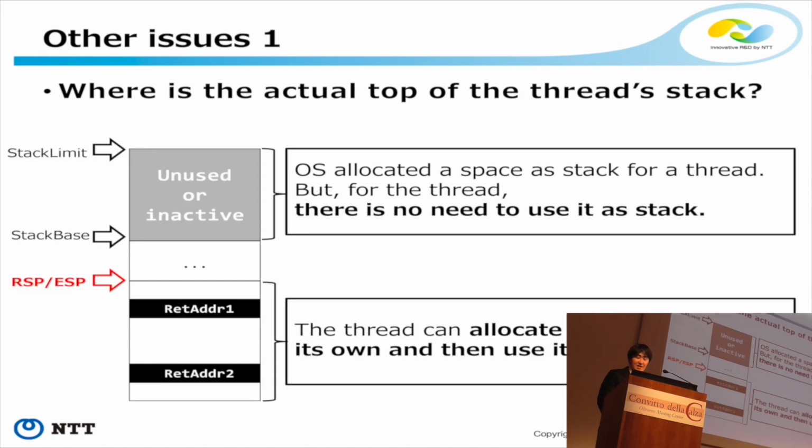Additionally, there are some other issues for practical use in the Windows x64 environment. One of them: where is the actual top of the thread stack? The OS allocates a space as a stack for a thread, but the thread has no need to use it as its stack. The thread can allocate another space on its own and then use it as its stack.